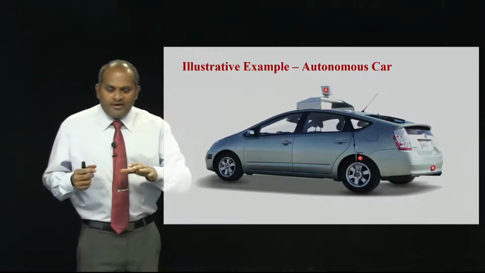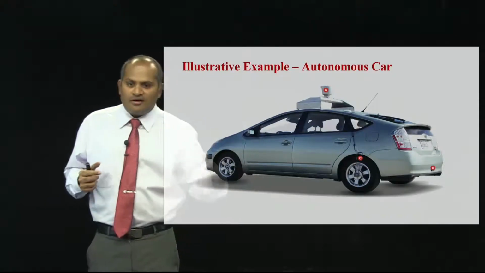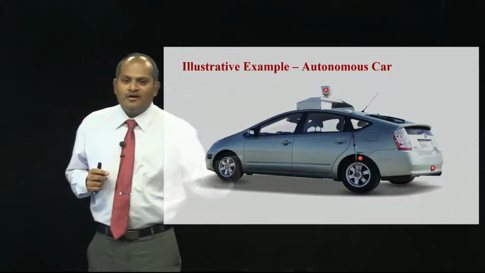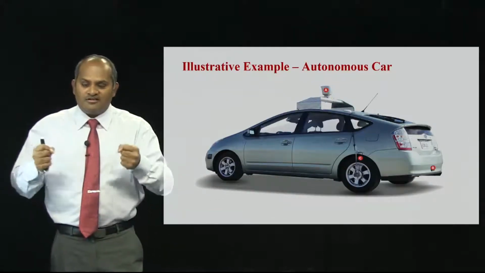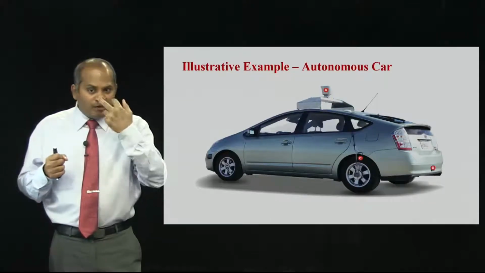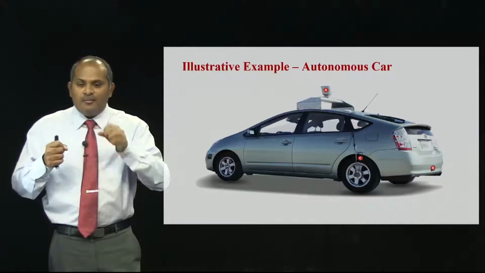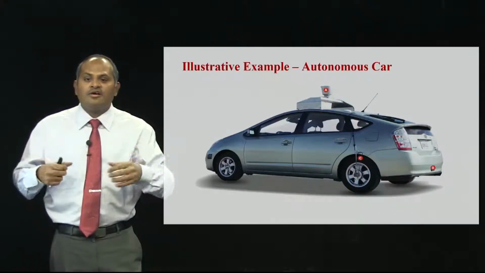So, we humans try to manually control the car. A normal car is not an automatic control system. A normal car is manual control because we drive the car. When we drive the car, I look at the scenario, I understand the information and then press the brake, press the accelerator, I actually control the car.